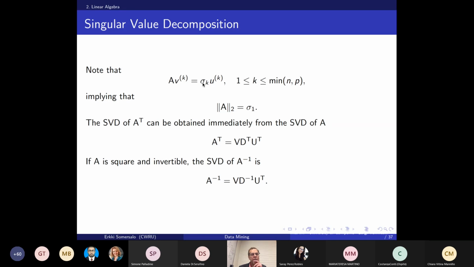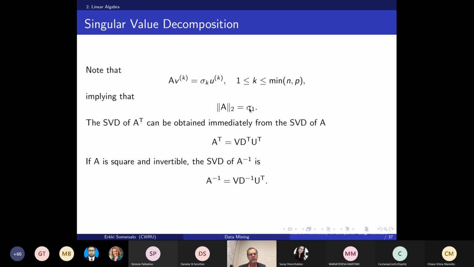Now, if we remember what the induced norm of a matrix is, so if we think about what the maximum stretching power of my matrix A is in terms of the singular values, I realize that I cannot stretch any vector more than I can stretch V1, which is stretched by a factor sigma 1.